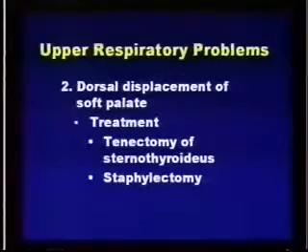Basically, the current theory about doing the staphylectomy is that the scar tissue that forms as this incision is healing helps to stiffen the caudal border of the soft palate enough to where it makes it more stable and improves its function.